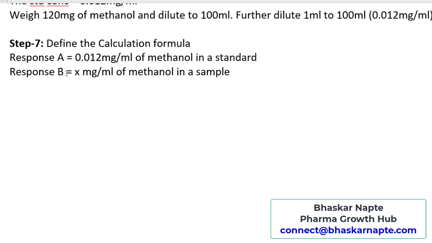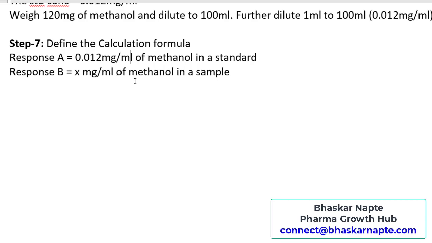And you know the response for the sample, that is response B, but the content of methanol is unknown to you. Now, as the concentration of the standard is expressed in mg per ml, I will say that the response belonging to the sample, which is response B in this case, belongs to X milligram per ml of methanol.